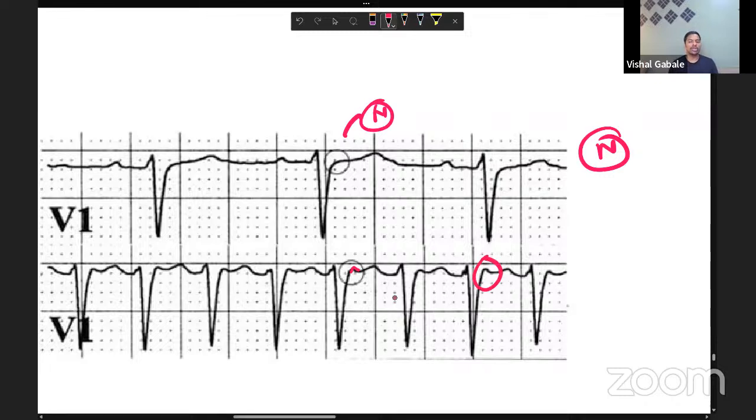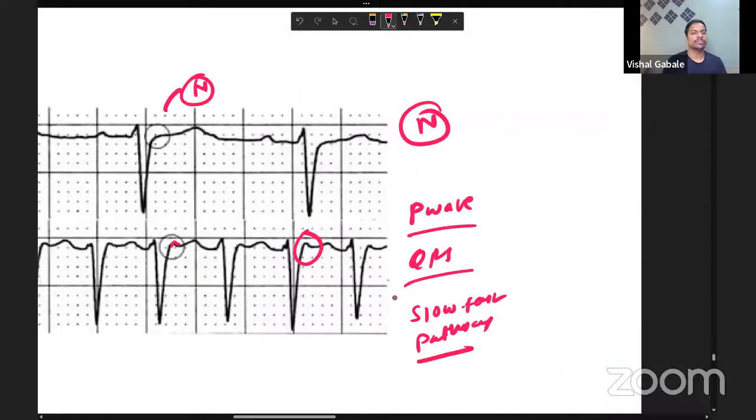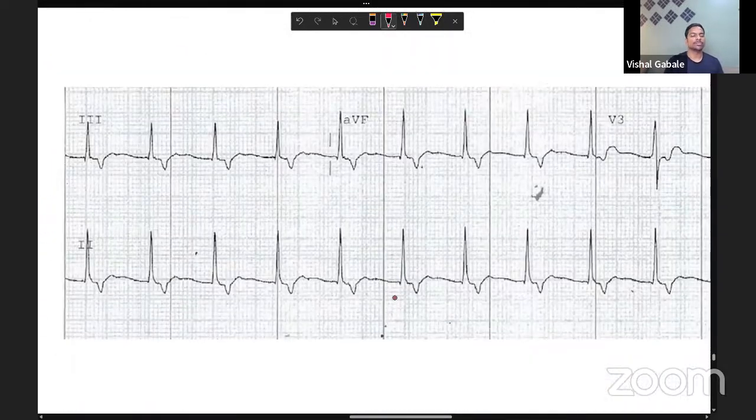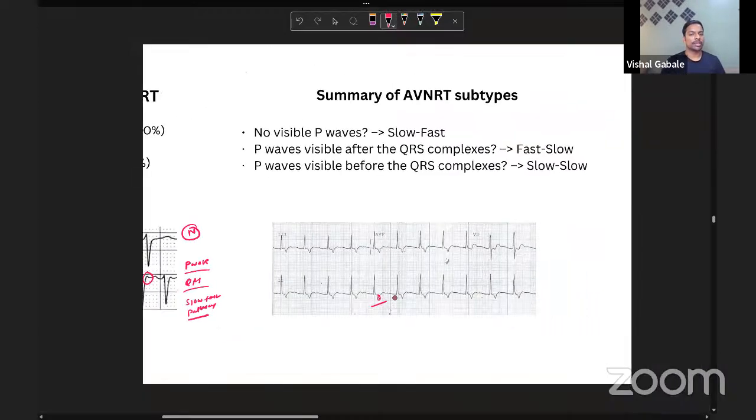This is nothing but your P wave. So the P wave is occurring after the QRS complex, and this is a characteristic feature of the slow-fast pathway. Got it? Here also, after this QRS, you can see this type of inverted P wave. So that's about your AVNRT, guys.